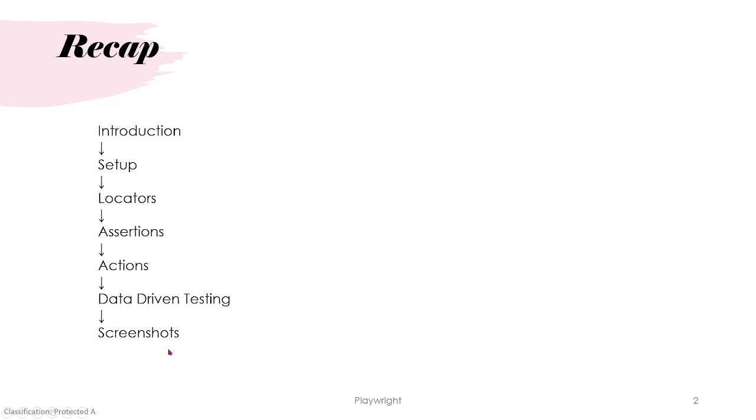Screenshot. Playwright has a screenshot feature, so after a test fails, we can take a screenshot to know which step, which script failed. Also, we can compare screenshots before the code check-in and after the code check-in. That is what we call visual regression testing.